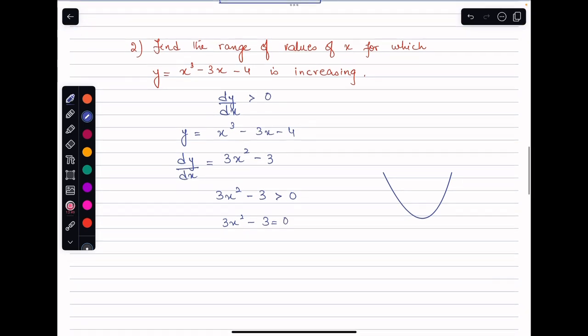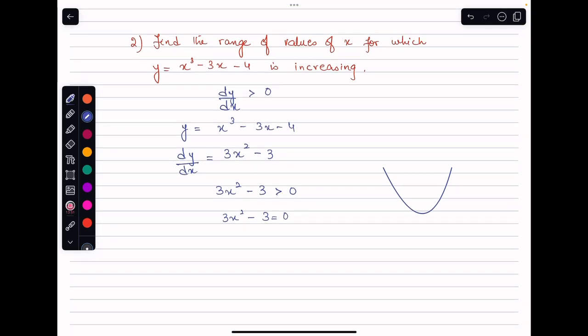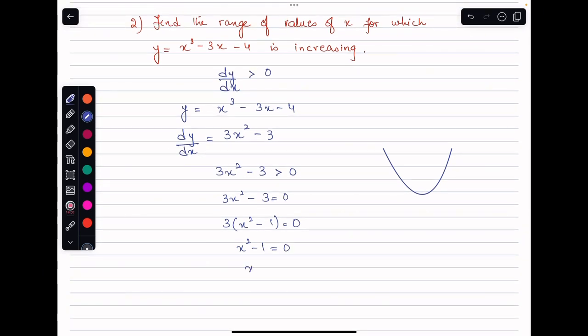So I can say it's 3 common, x squared minus 1 equals 0, or x squared minus 1 equals 0. x squared equals 1, or x equals plus minus 1. So on the x-axis, I shall be having two values of x: one is negative 1, the other is positive 1.